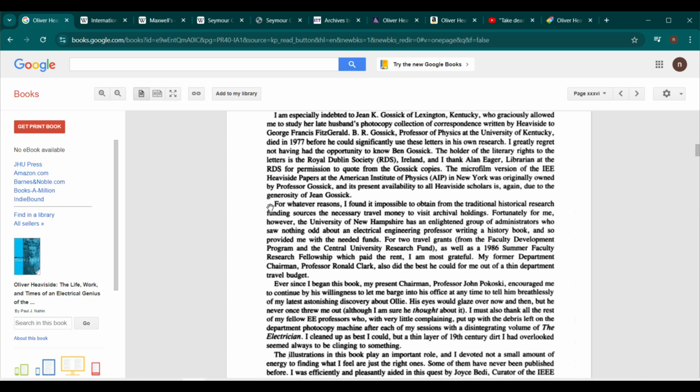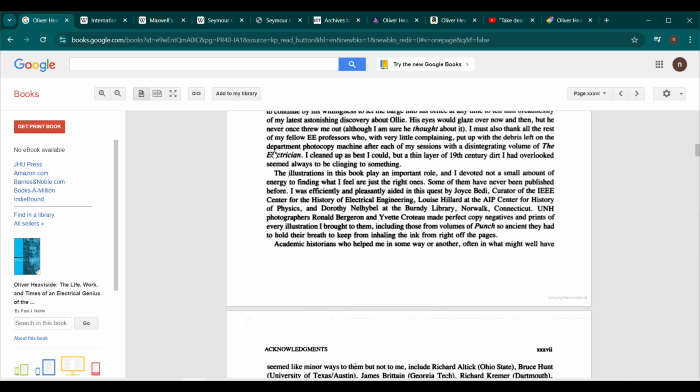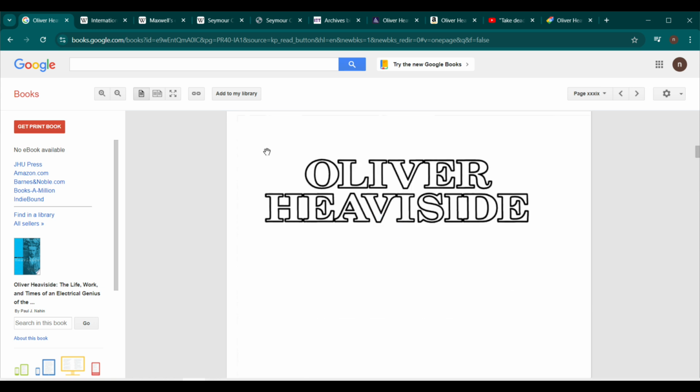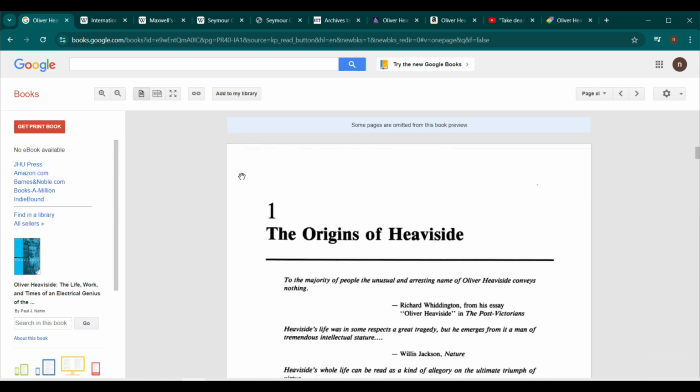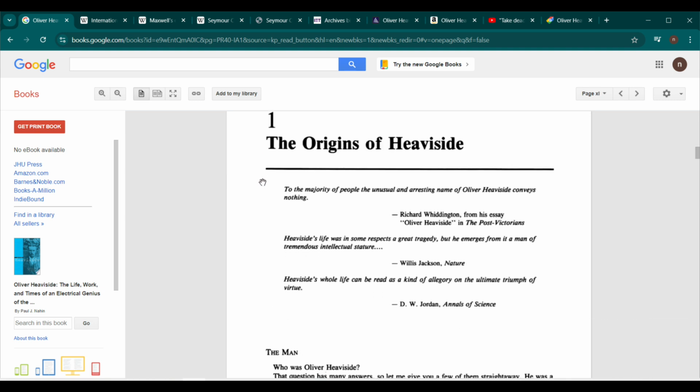I'll just skip over to a few other sections here. So this is the introduction. To the majority of people, the unusual and arresting name of Oliver Heaviside conveys nothing.